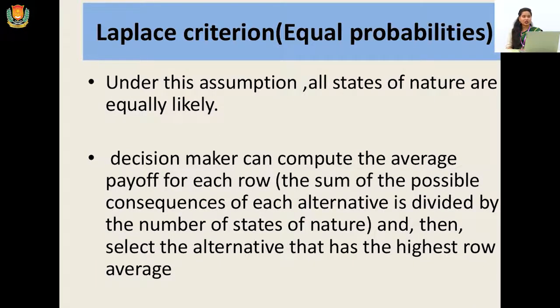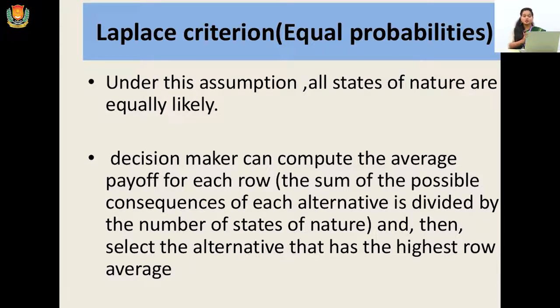Okay, then the third criterion on which our decision depends is the Laplace criterion, which gives equal probability, or equal chances, meaning equally likely events can happen. So all the states of nature have equal probability of giving results in the market.